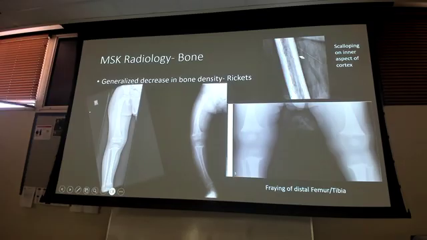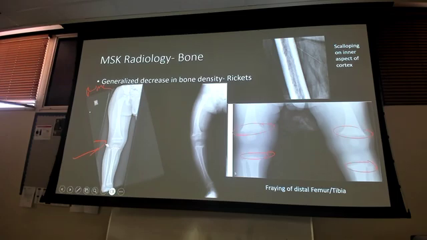So that's one side. And what you're going to see more often is this fraying of the distal tibia and the distal fibula, distal femur and fibula too. Whereas look at my normal. This is normal, right? I can make out that cortex pretty well on both the femur, the tibia, and the fibula.